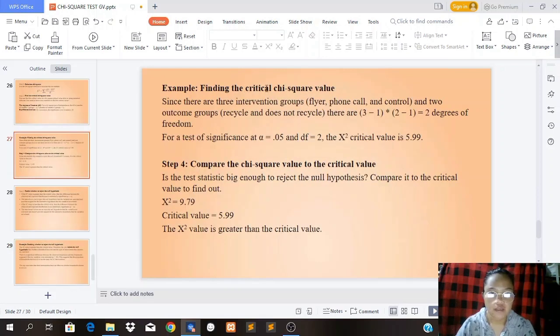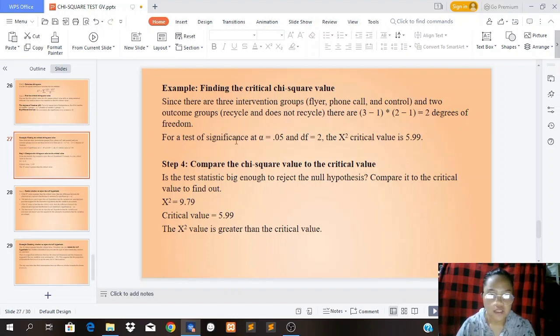Example, finding the critical chi-square value. Since there are 3 intervention groups, flyer, phone call, and control, and 2 outcome groups, recycle and does not recycle, there are 3 minus 1 times 2 minus 1 equals 2 degrees of freedom. So, our degrees of freedom is equal to 2.